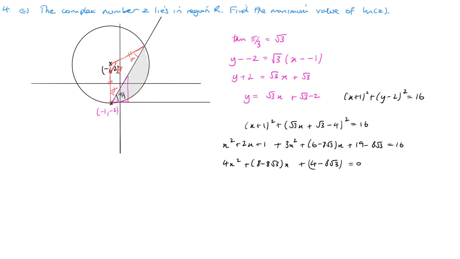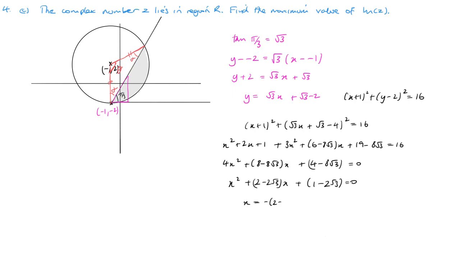Now, I can make it a little bit easier by dividing by 4, like so. But even if I don't divide by 4, I'm using the formula in this case. So now I'm doing the formula. So x is minus b.